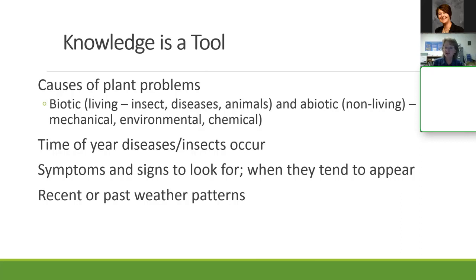But it takes 3 to 5 years, depending on the health of the plant to begin with, before we start seeing those symptoms. So a lot of times, what you're seeing actually infected the plant 3 or 5 years ago. So being aware of recent as well as past weather patterns, that's part of knowledge being a tool in helping to diagnose plant problems.